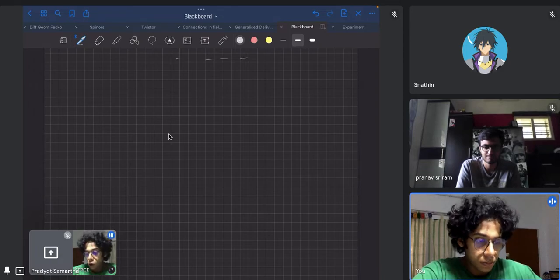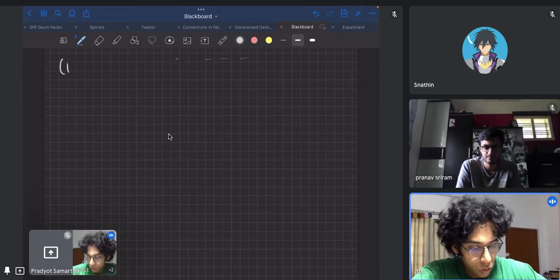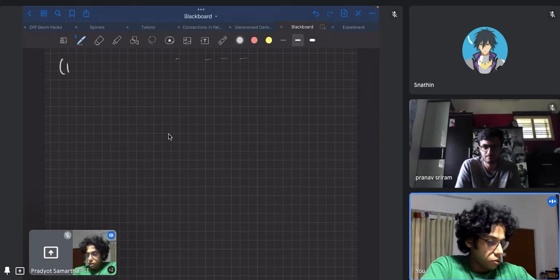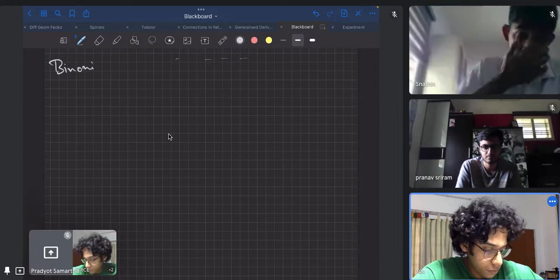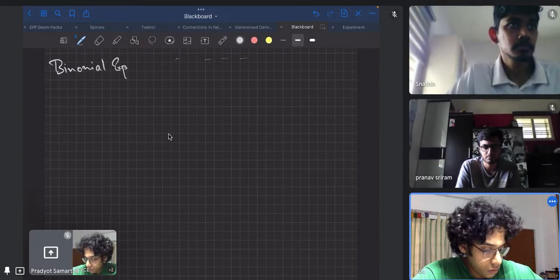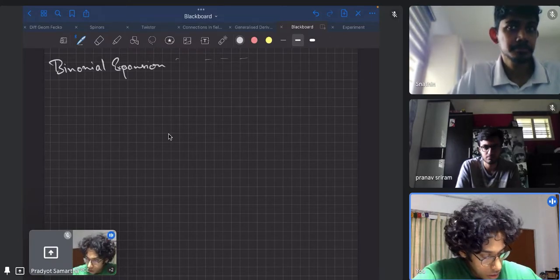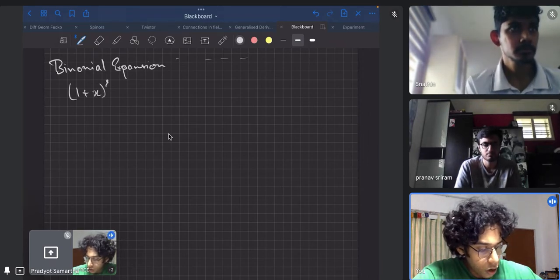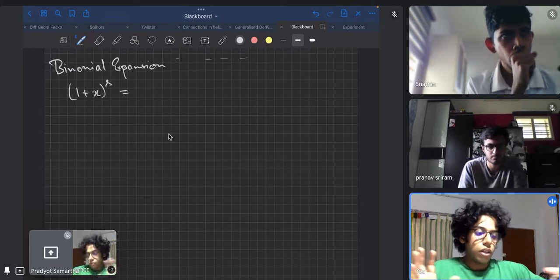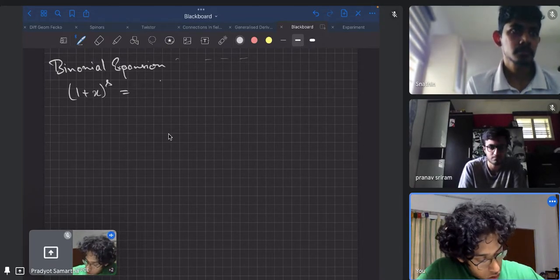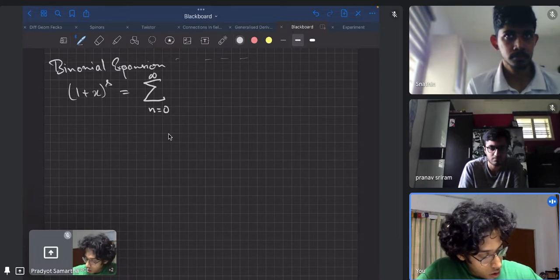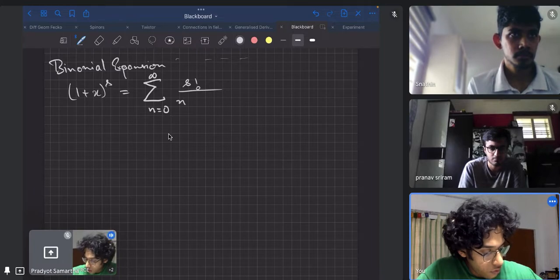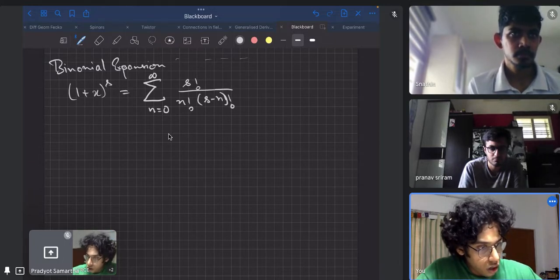Your binomial expansion says that 1 plus x to the power of s can be written as a series: the summation from n equal to 0 to infinity of s factorial by n factorial times s minus n factorial, times x to the power of n.